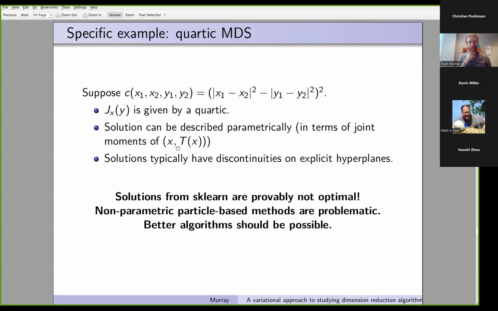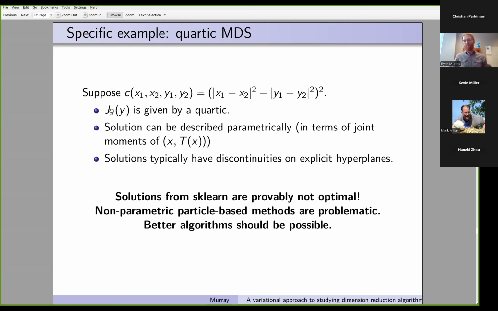Okay. So in one specific example, if I go back to that quartic cost, so just the square of the pairwise distances, and you compare that square. Then here, this J(x,y), this parametric marginal problem as we called it, is now a quartic function. And the solutions, the optimal t, can actually be described in a completely parametric way in terms of joint moments of x and t of x.